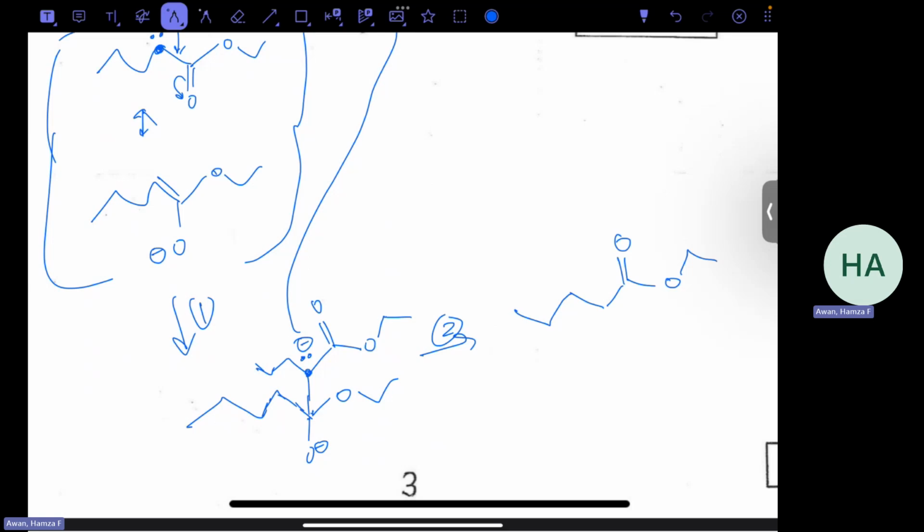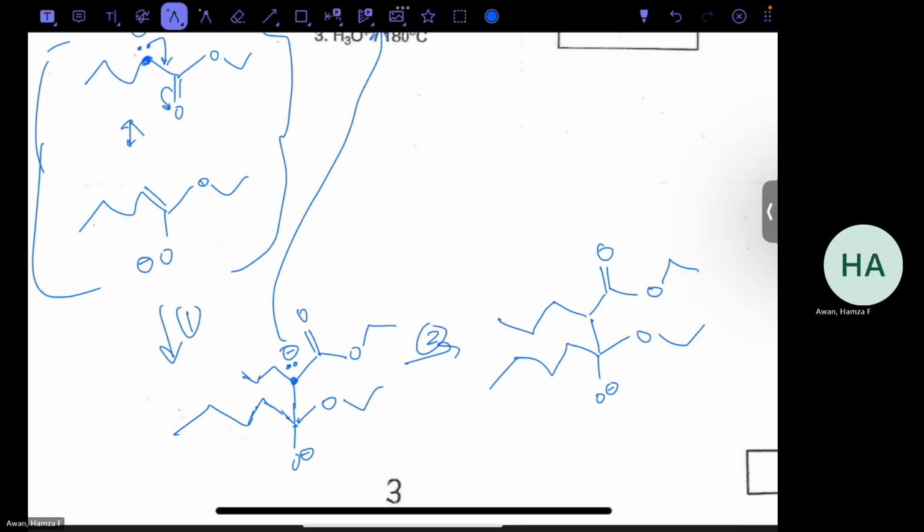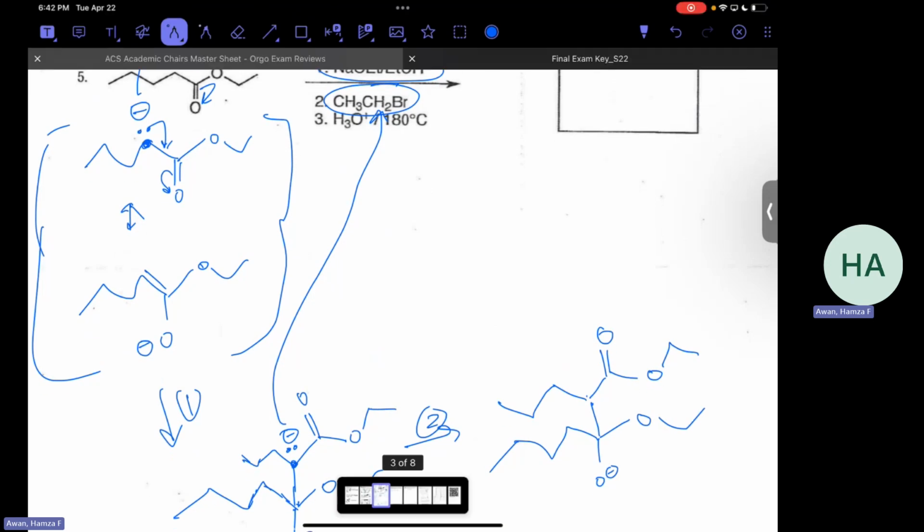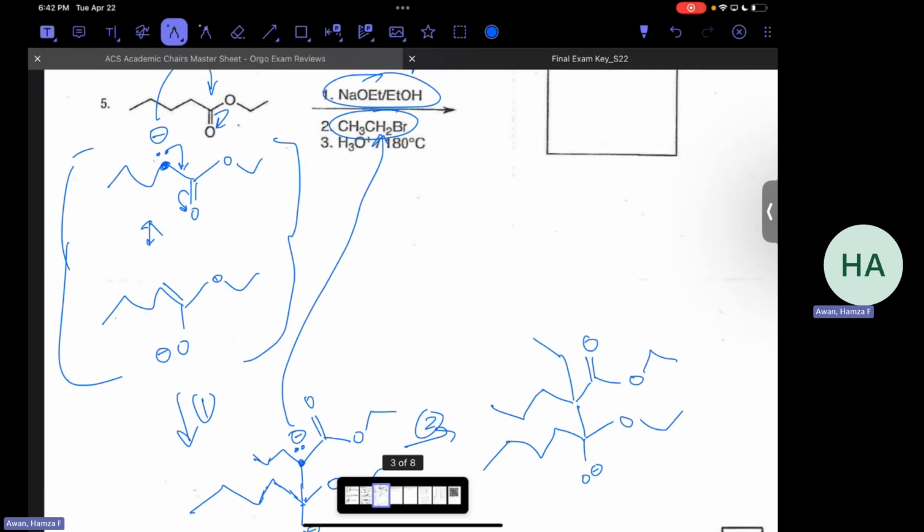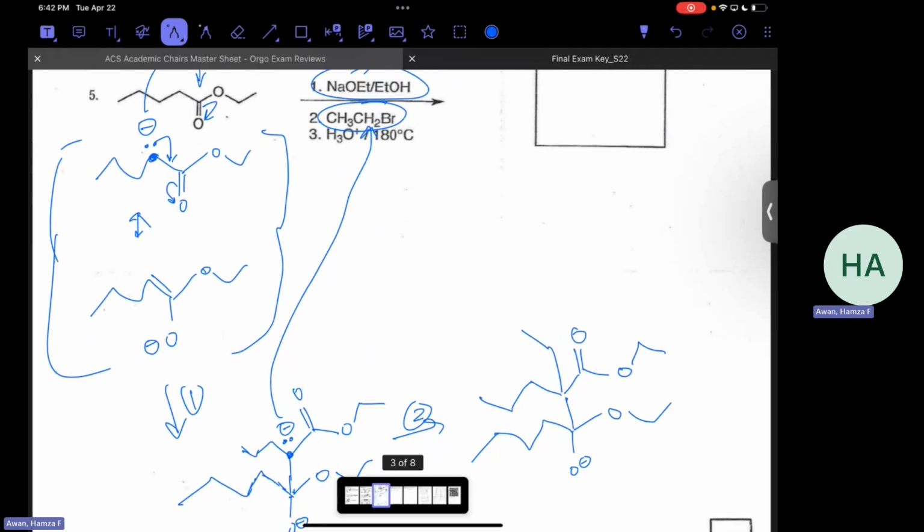So for our second step, we have this go like that, this O minus like that. Okay, so that's what we had already. And now we add the CH2, CH3 like that. And so then our last step, H3O and 180 degrees Celsius.